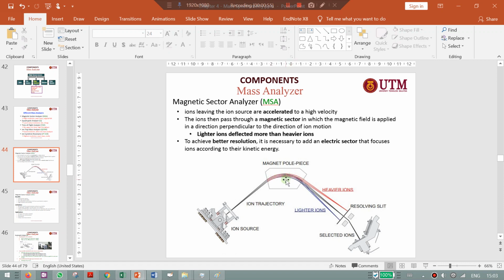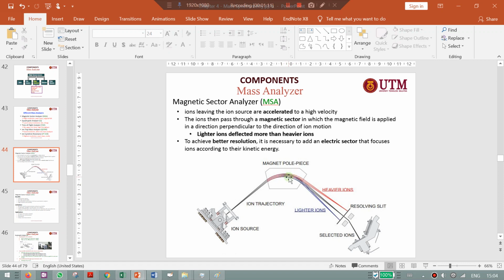Here we have magnetic pole pieces where the field is perpendicular to the direction of ion motion. For example, the ions move like this, so the magnetic force comes from the side and disturbs them.